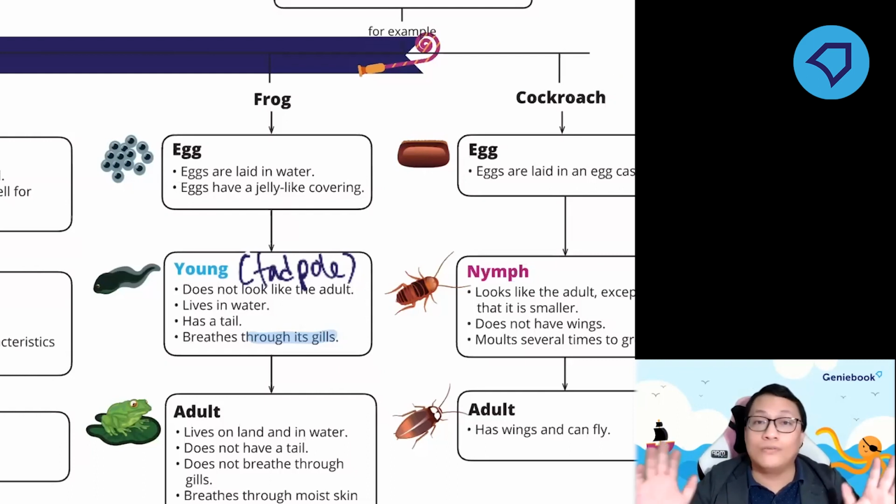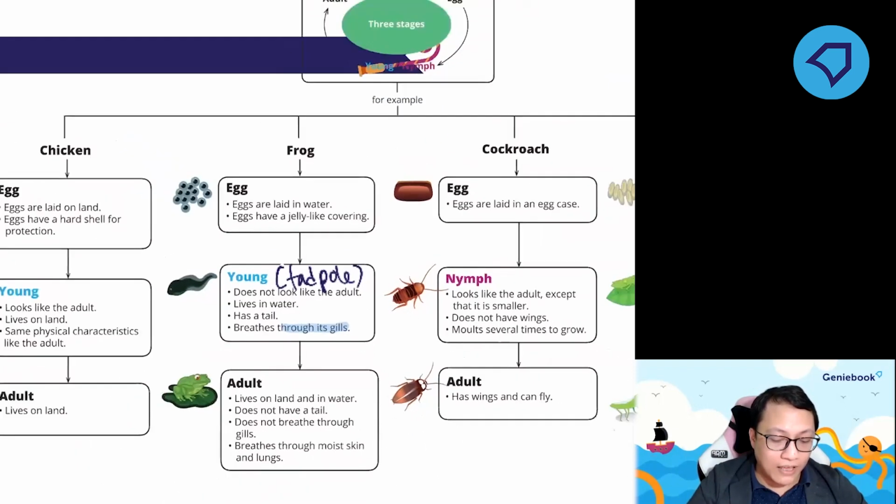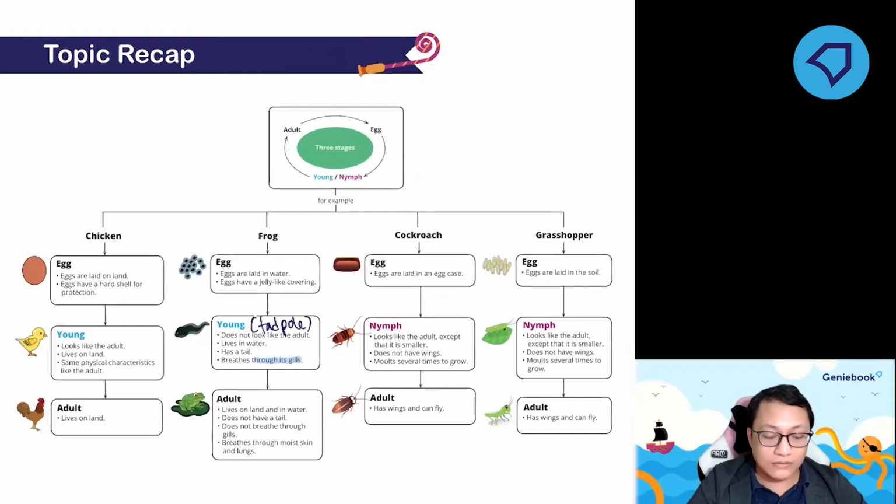The tadpole cannot reproduce. Only the adult can. The adult can live in water and on land as well. For tadpole, it is only in water. It cannot go to the land.